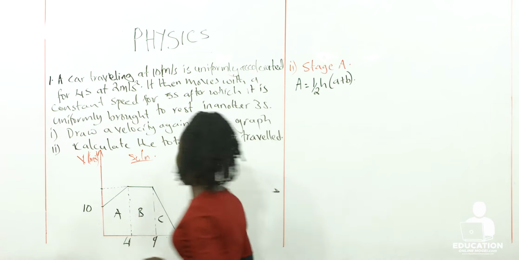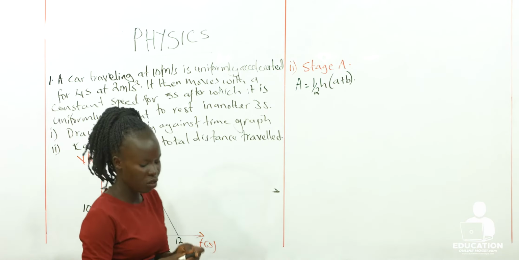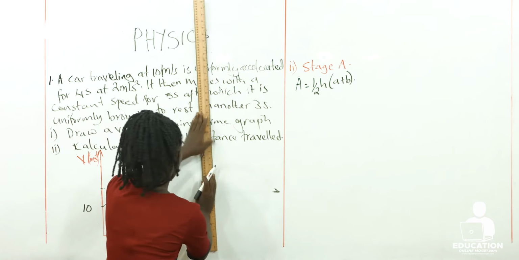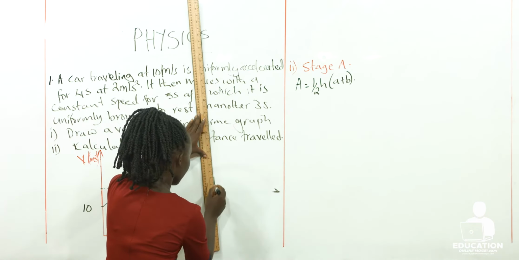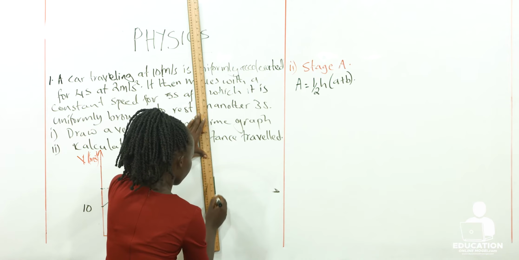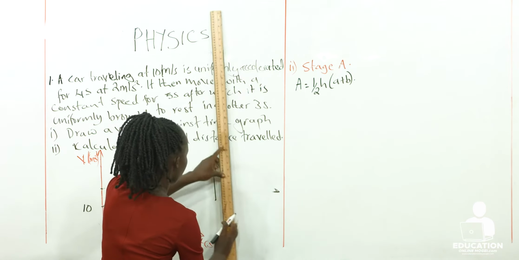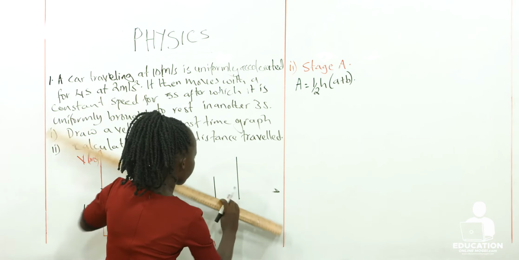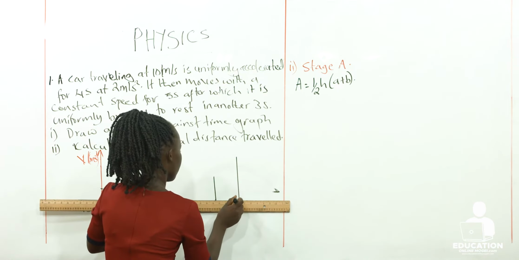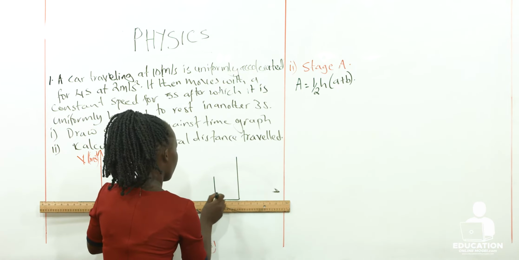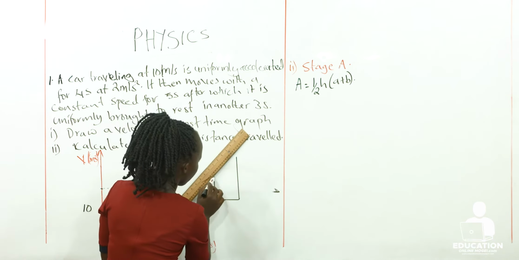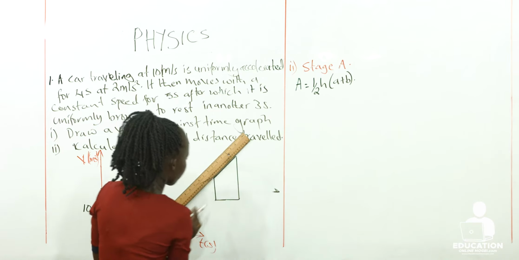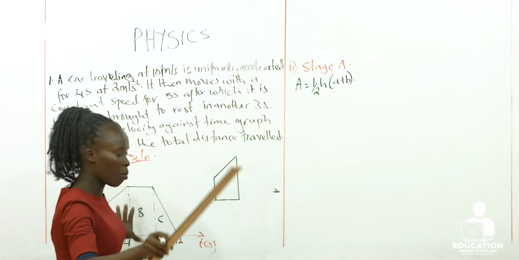Let's try to extract our trapezium from that point. It is something like this. We are just extracting the trapezium from our graph.